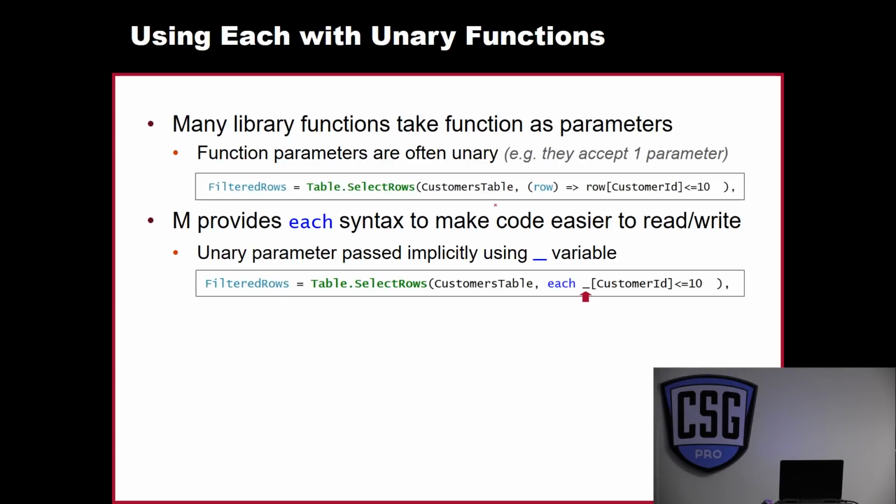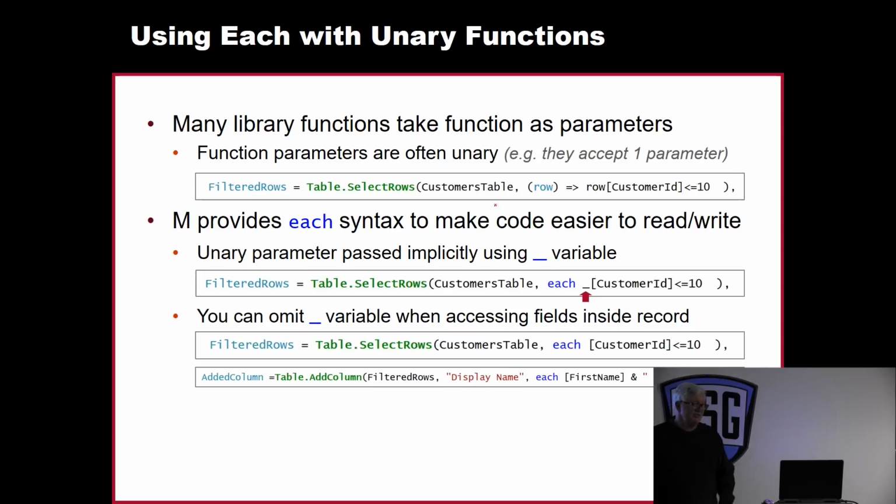It's just that in an easier syntax. But now, let's get rid of that underscore. Because it's so common that you're looking at records but just want to look at one field, the underscore is optional. But still, you're looking at the field of a record instead of the whole record itself.